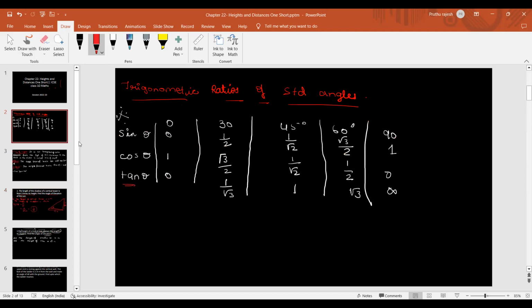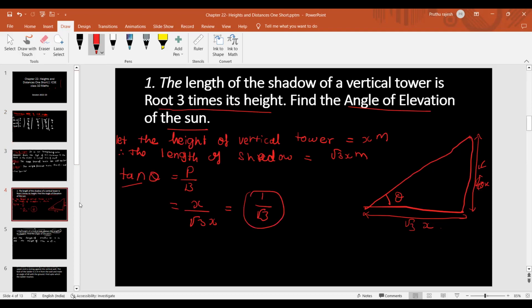We know 1 upon root 3 is tan 30. Therefore, theta equal to 30 degrees. Therefore, the angle of elevation of the sun is 30 degrees.